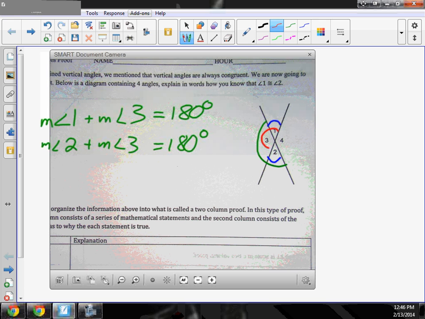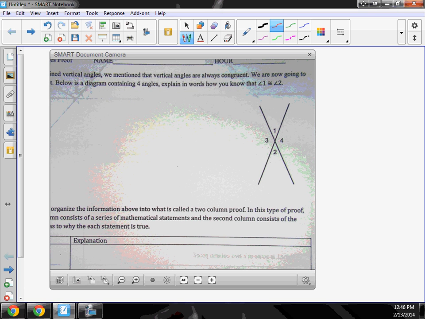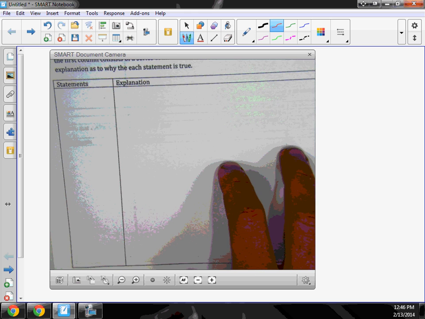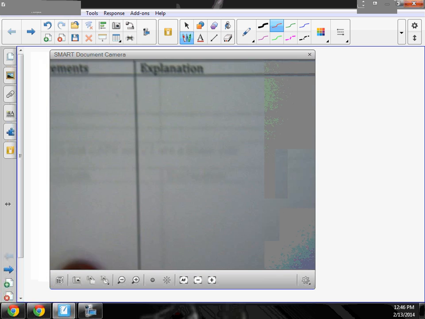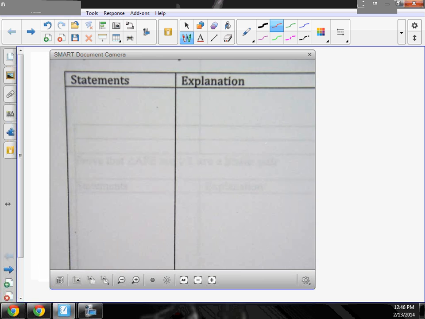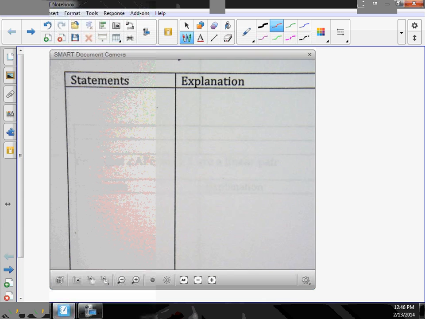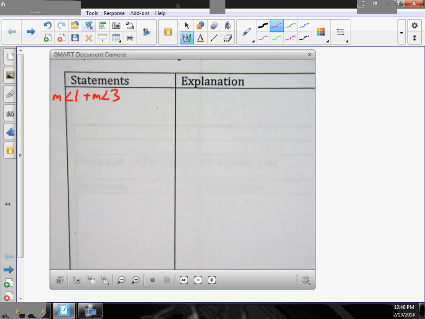Okay, so let's do this in a more exact form. The measure of angle 1 plus the measure of angle 3 equals 180 degrees.